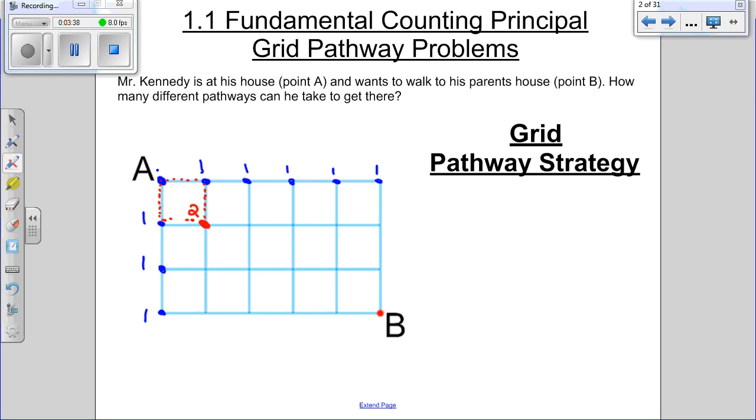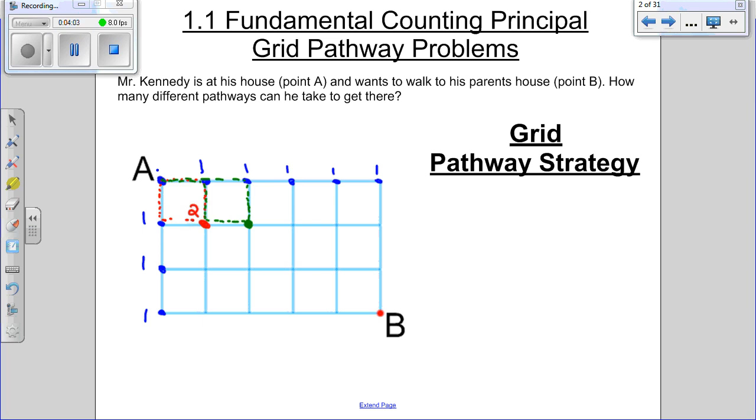The next thing I could do is look at these dots. Green. How many ways could I get to that green dot? Well, I could go 1 all the way across, then straight down. I could go this way, across, down, across, for 2 different pathways there.